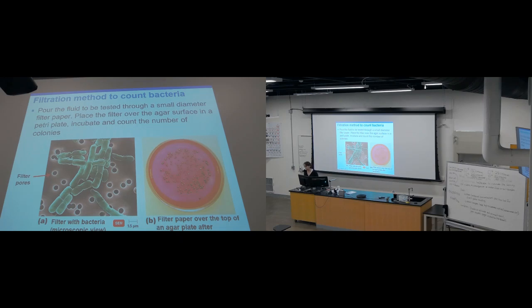For filtration, you have a big sample of water, or any other liquid. It can actually be wastewater, for instance. And then you pass it through this filter. So you can have a carboy of 20 liters, for instance.